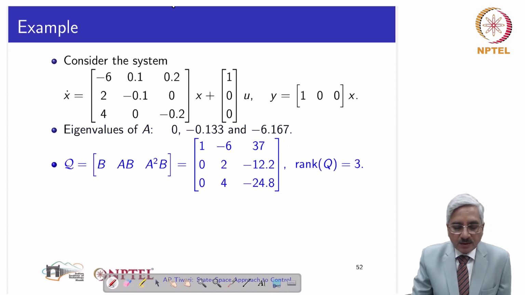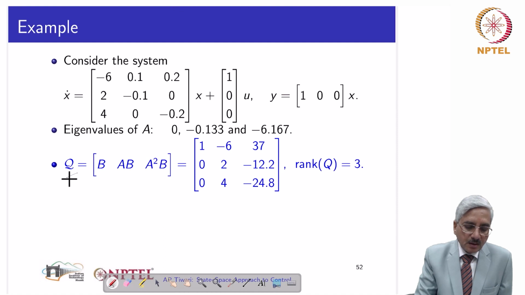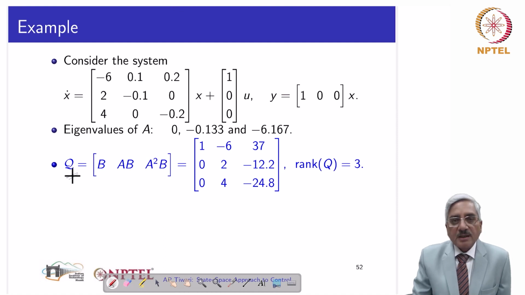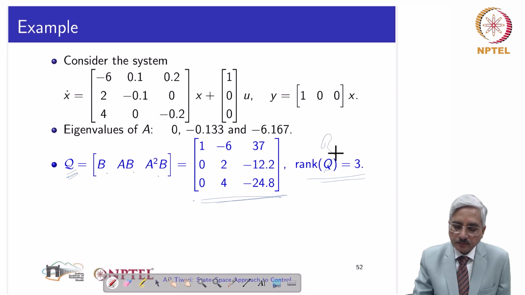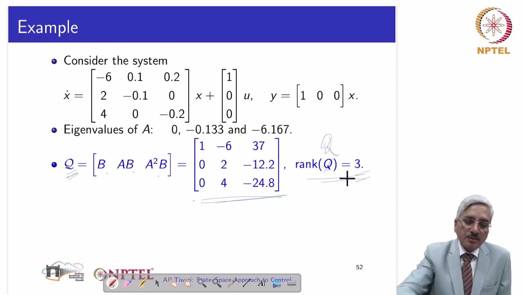For this system, we verify: if we assemble the controllability matrix B, AB, A squared B, it comes like this, and the rank you will see is 3. This Q is script Q. Rank will come 3, so that means the system is controllable.